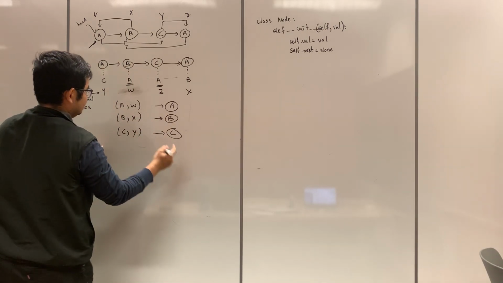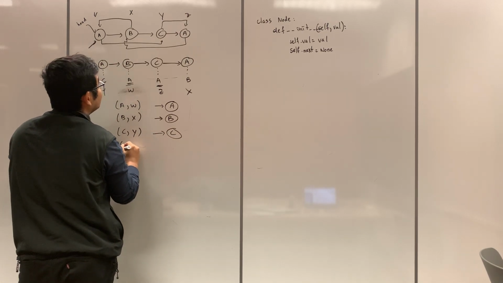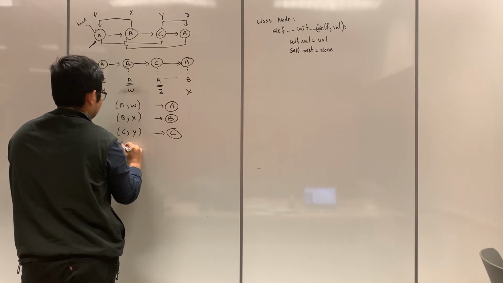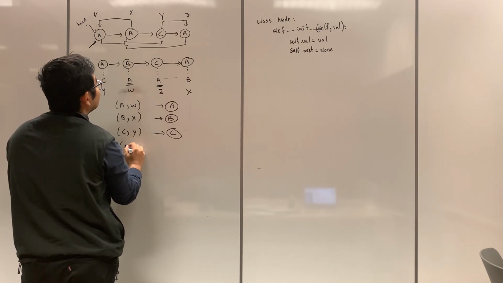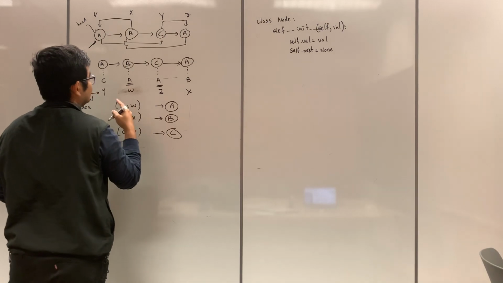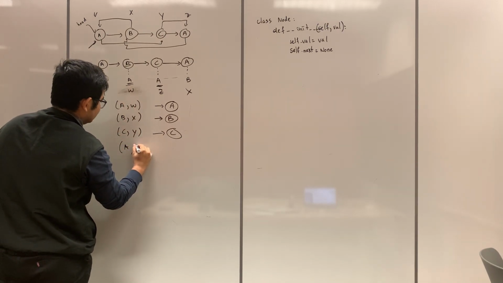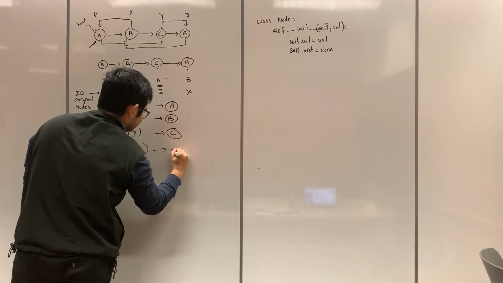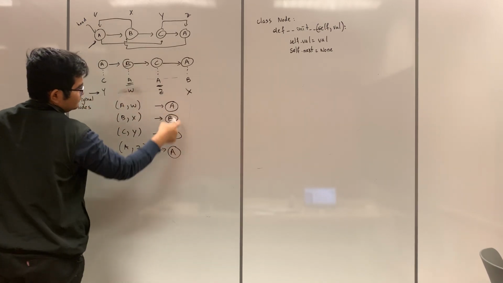And then the other A would be A, but this is C, and this is also A. And these two A's are two different A's.